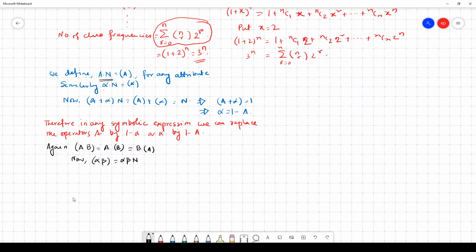Okay, so alpha can be replaced by 1 minus a, and beta is replaced by 1 minus b. Same way, this is equal to 1 minus b minus a plus ab into n.